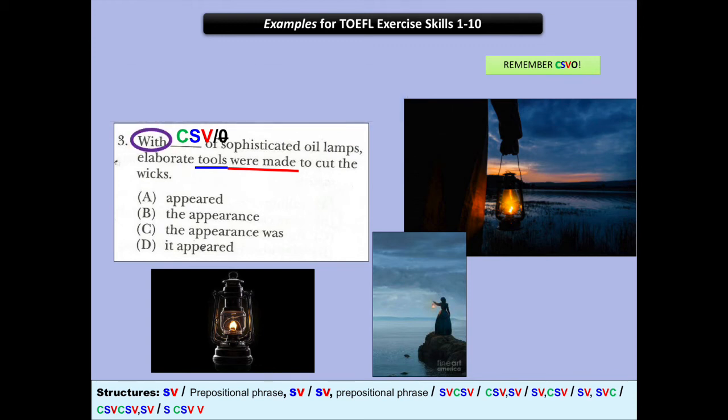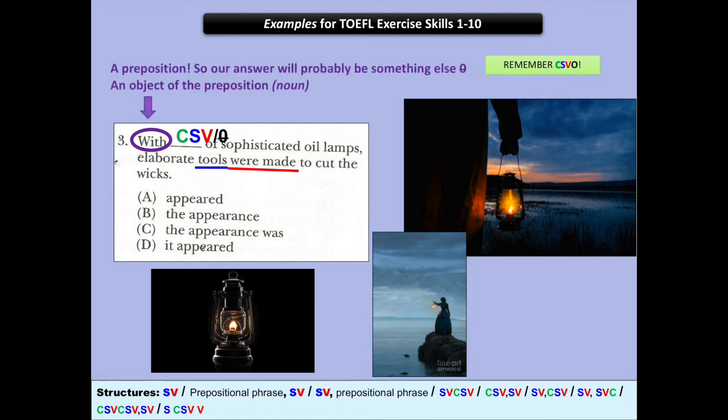And look, right before our answer is the word with. With is a preposition, so our answer will probably be something different, an object of the preposition. Remember, an object of the preposition is the first noun that comes after a preposition. So our answer will need to be a noun.